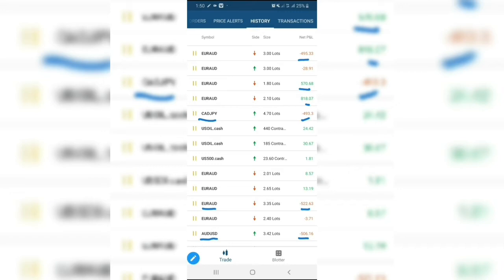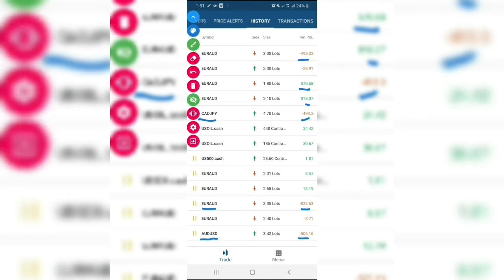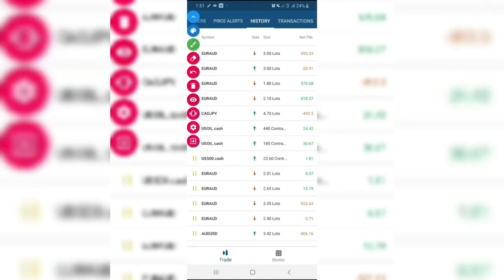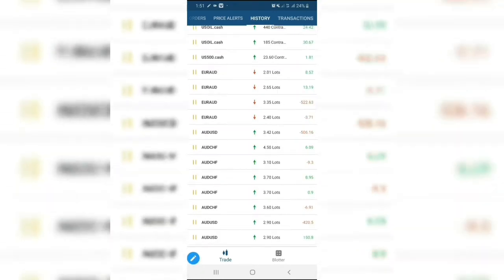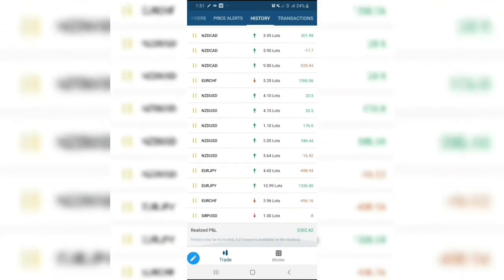So this ended the week minus 1% from the entire balance plus the profits that we have had. So guys, the account balance currently, if I can show you, is currently at 3,300 US dollars.